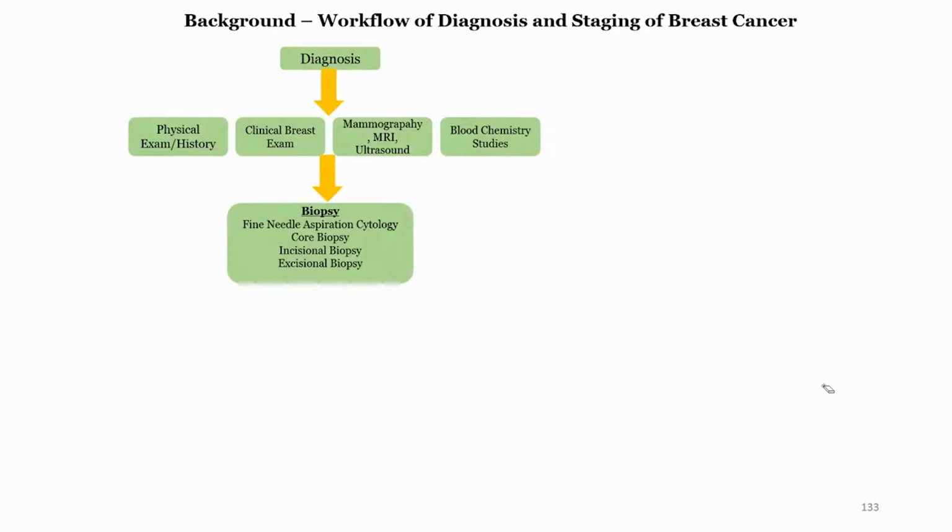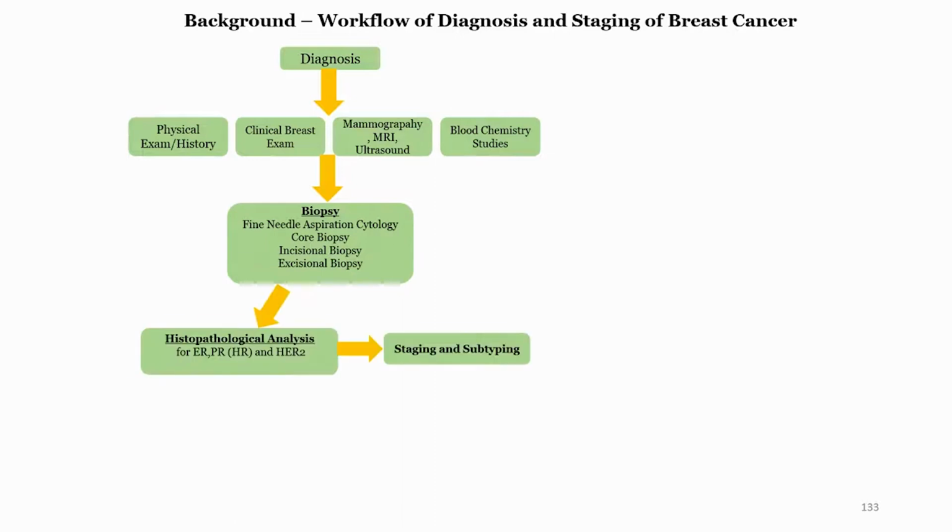If I see the background or workflow of diagnosis and staging of breast cancer, you can see here that once it is diagnosed, there can be many ways of diagnosing the cancer. One is physical exam or history, second is clinical breast exam, which is called CBE, third is mammography, MRI, ultrasound, fourth one is genotyping, which is blood chemistry studies. We are talking about phenotyping, so we continue with biopsy. If the biopsy is done, then the cells are taken to study, which is called cytology.